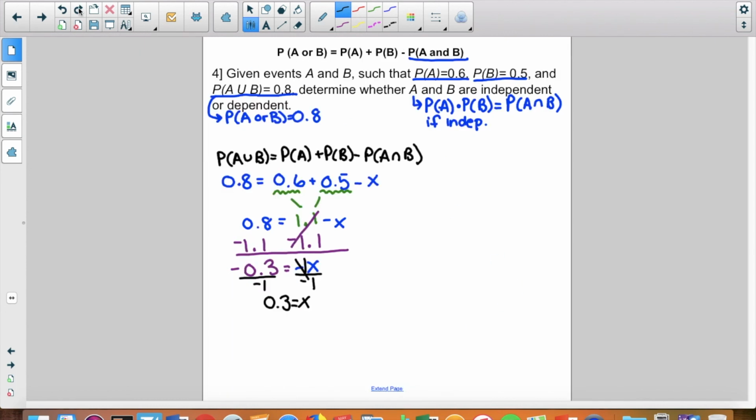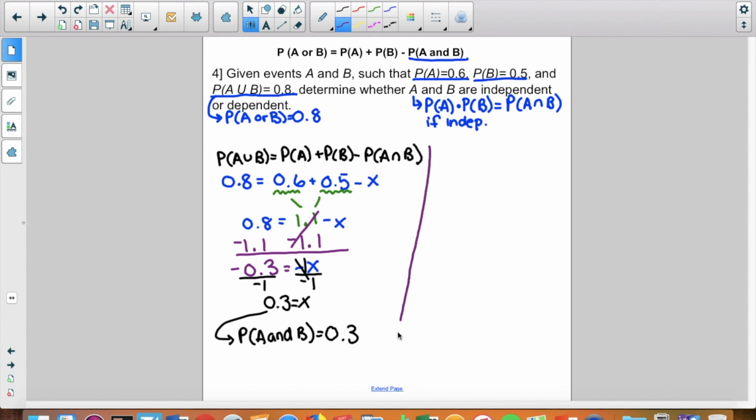In terms of our question, x represented the probability of A and B. So this means that the probability of A and B equals 0.3.